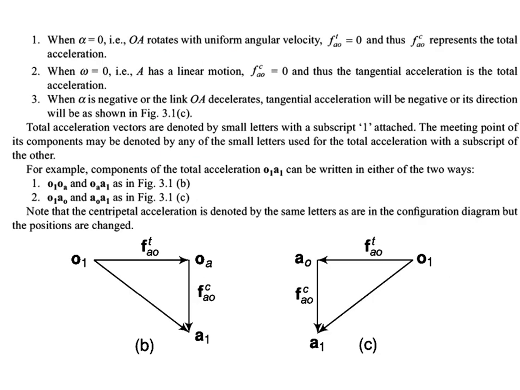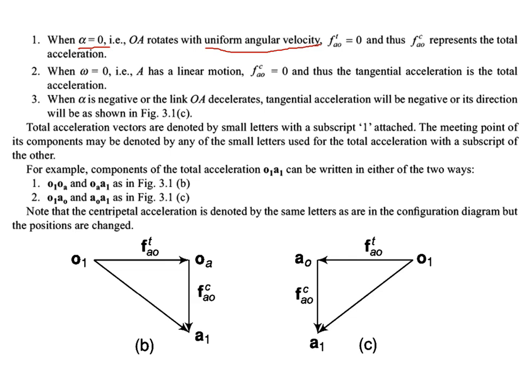Now let us see the diagram, how to take the diagrams for this. When alpha equals 0, that is angular acceleration, what happens? OA rotates with uniform angular velocity. You have to remember this condition. Uniform angular velocity means alpha is nothing but 0.